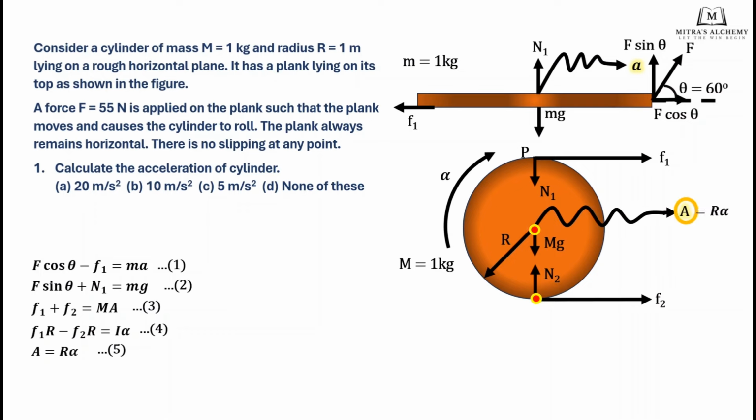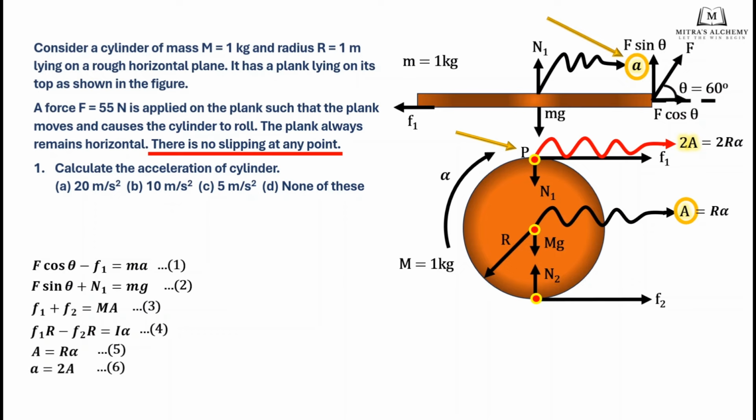Then this A can be written as R alpha, and therefore the topmost point can be written as twice of R alpha because it is at a distance of 2r from the bottom, and therefore the linear acceleration is given by twice of capital A. Now since this point does not slip with the plank, we have the linear acceleration of the plank small a equal to twice of capital A, and this we mark as the sixth equation.